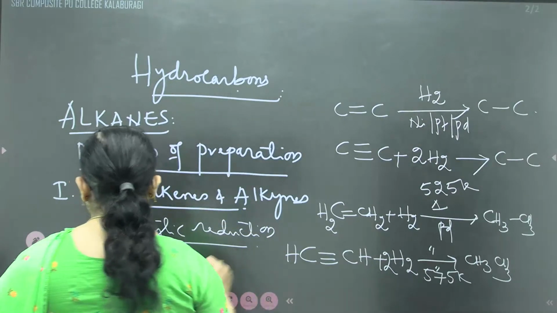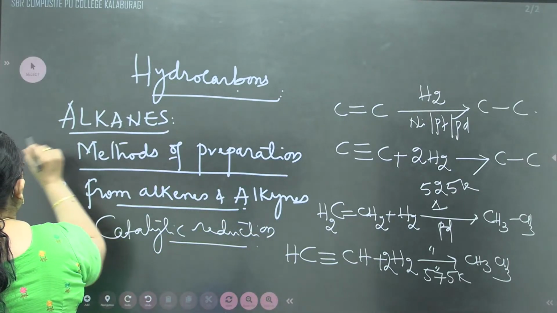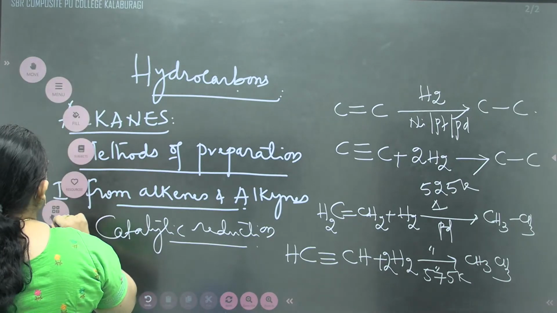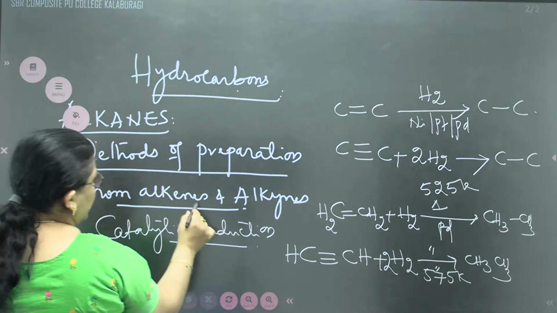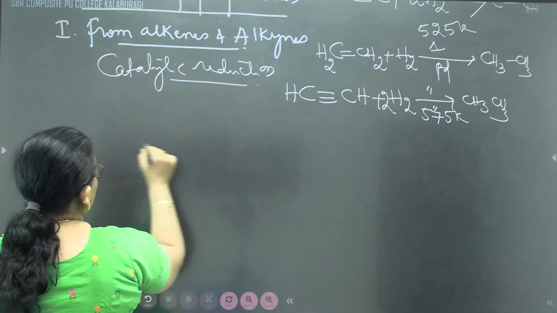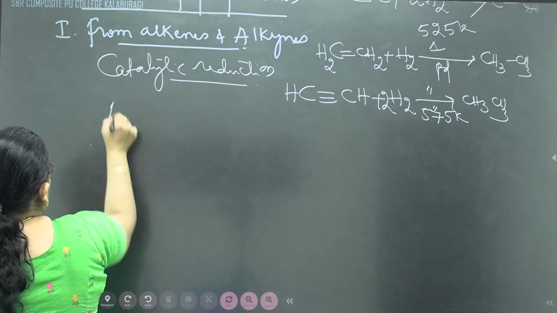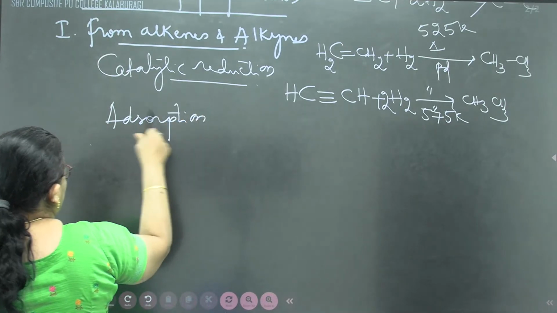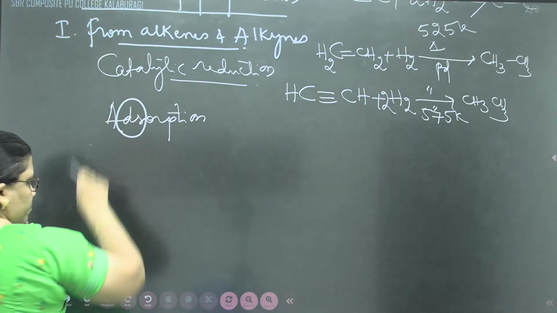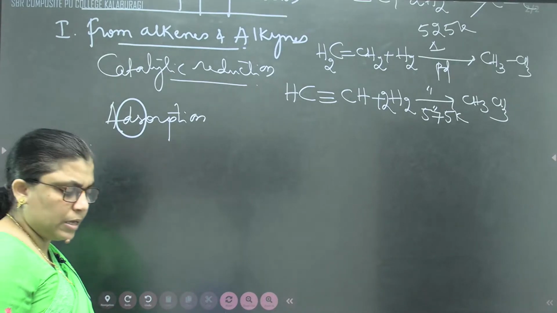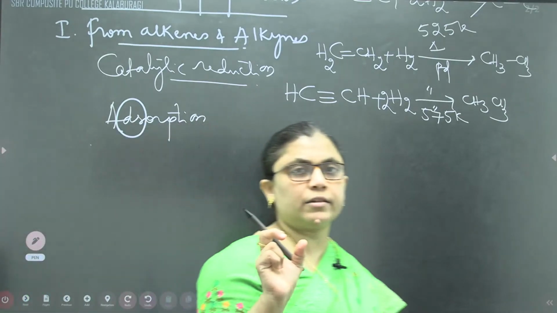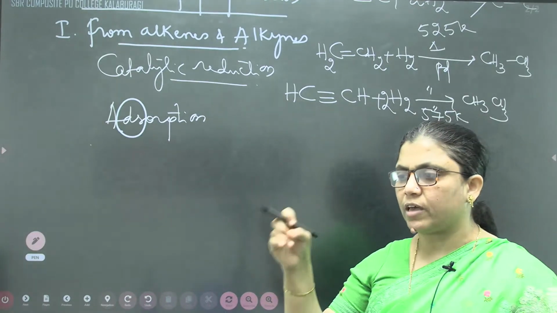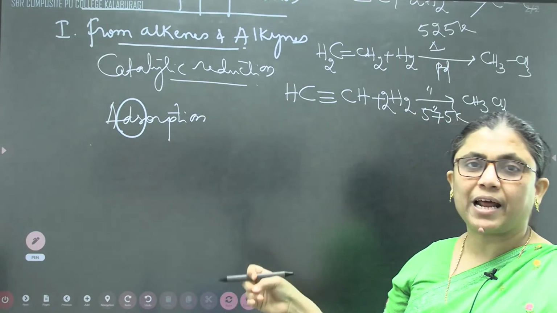One more point, as I said in the previous class: this catalytic reduction is what, children? It is an adsorption reaction, an adsorption phenomenon, a superficial phenomenon. That's why they have mentioned that hydrogen is going to be adsorbed on the surface of nickel, platinum or palladium.